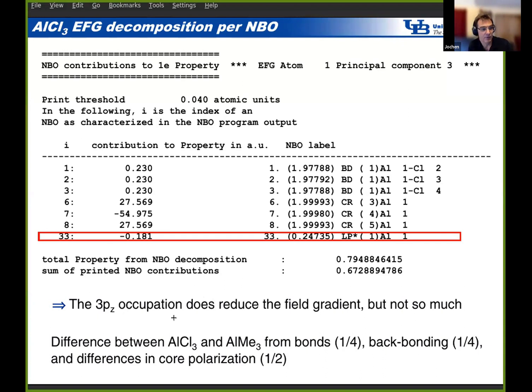And in the methyl and the mesityl compound, that orbital has no occupation. And so you get a very strong field gradient, basically because the aluminum has electron density around it only in the plane of the coordinating groups, but not perpendicular to it. Now you get this pi donation from the chlorine, and in the analysis, this shows up as basically the difference between these compounds.